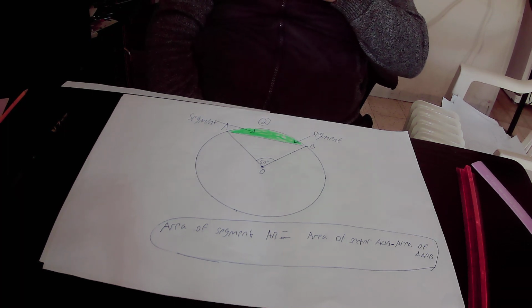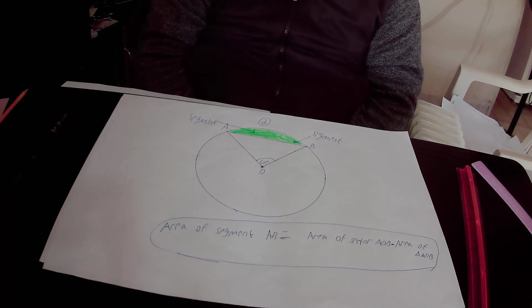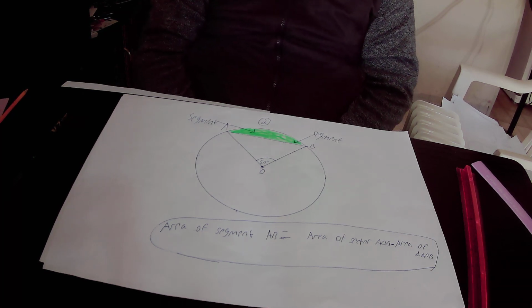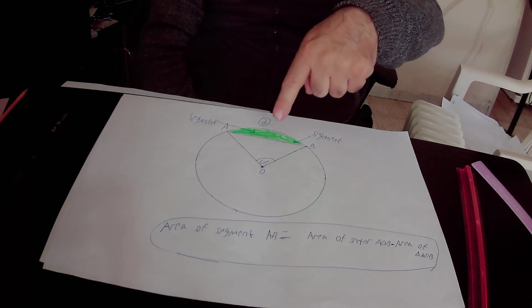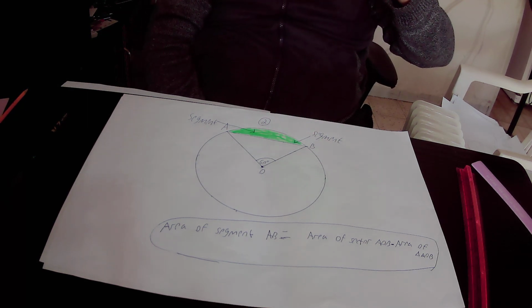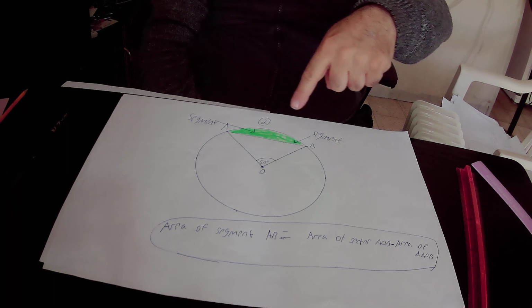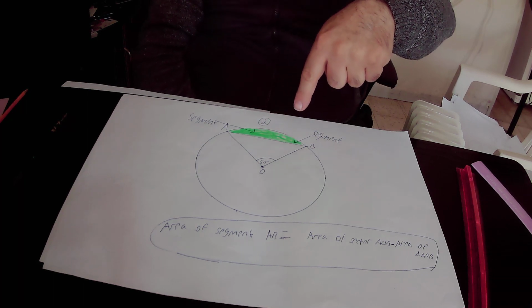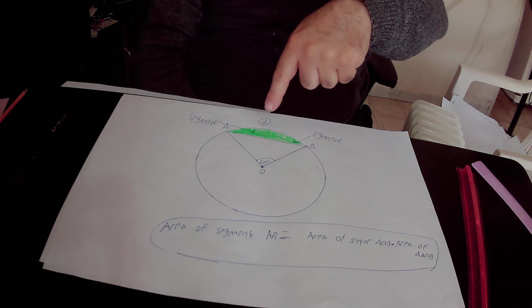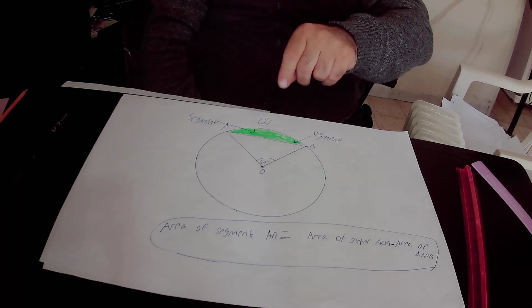The area of segment AB equals the area of sector AOB minus the area of triangle AOB. Okay?